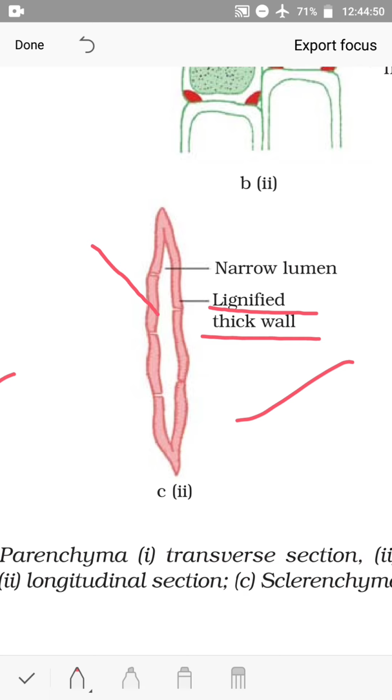Lumen means the cavity. Due to uneven deposition of lignin, the walls show simple pits. Here you see, these are called pits.